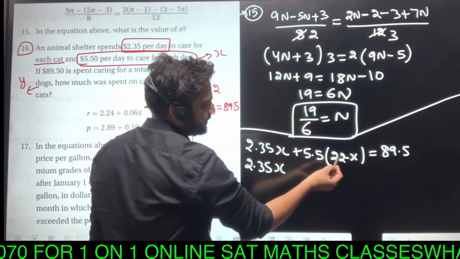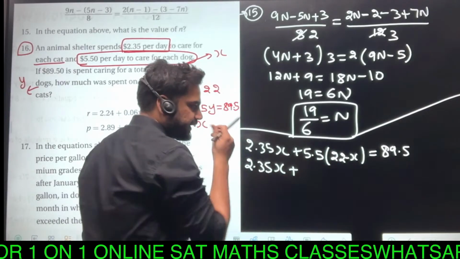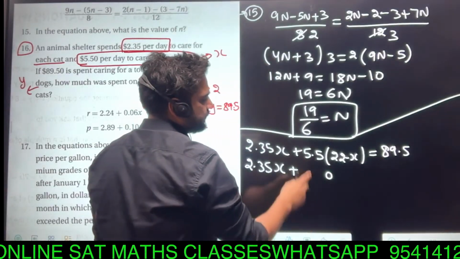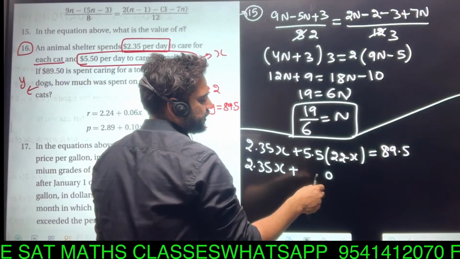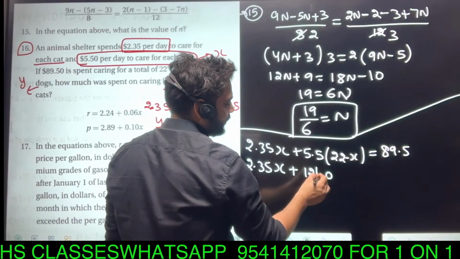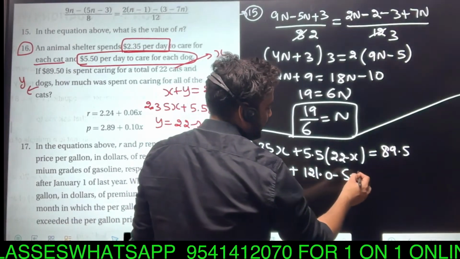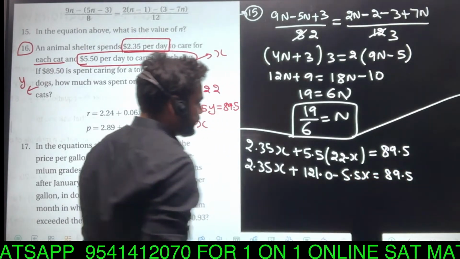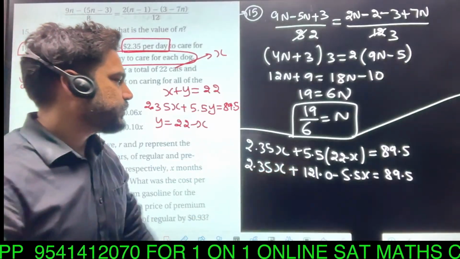2.35x, and multiply 5.5 by this: 55 into 2 is 110, and 11 will be left, so 110 and 11 is 121.0, it means 121. Now this value we have to subtract from 89.5.